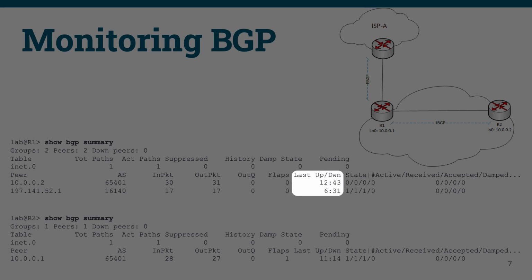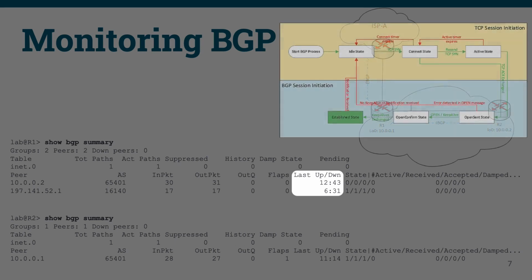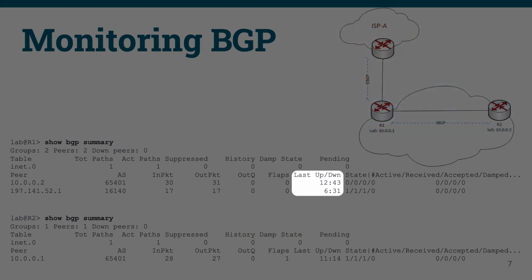The following column shows the amount of time since the last state transition has occurred. As you may recall from another lesson, the BGP state machine has several states between idle and established. This flap and timer values are only concerned with a peer being in established state or not.